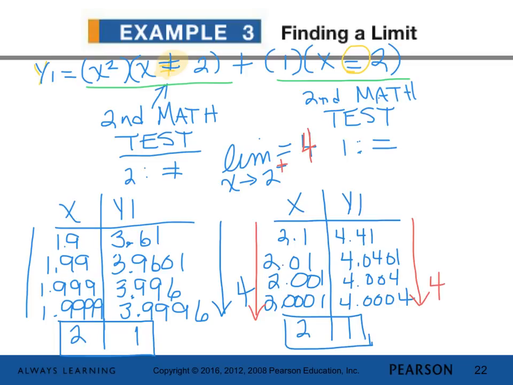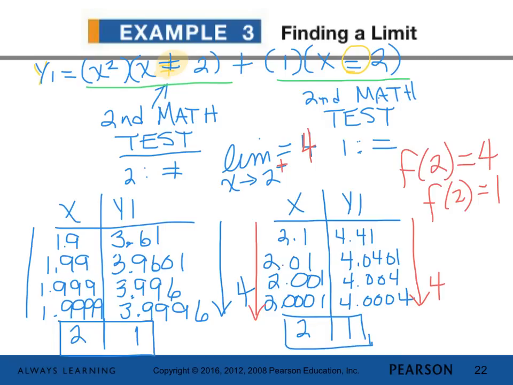And yet, f of 2 does not equal 4. F of 2 equals 1. So we have a right-hand limit and a left-hand limit, but those two limits are not the same.